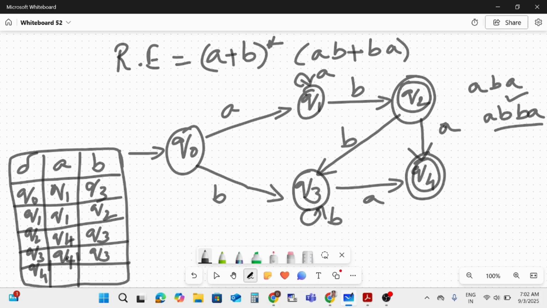Similarly, q4 with a. By the time a string has reached the q4 state, it would have consumed ba.